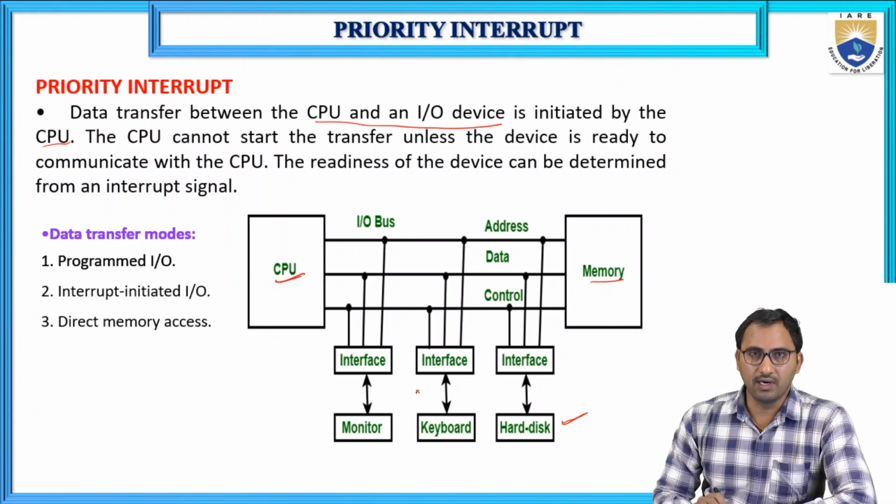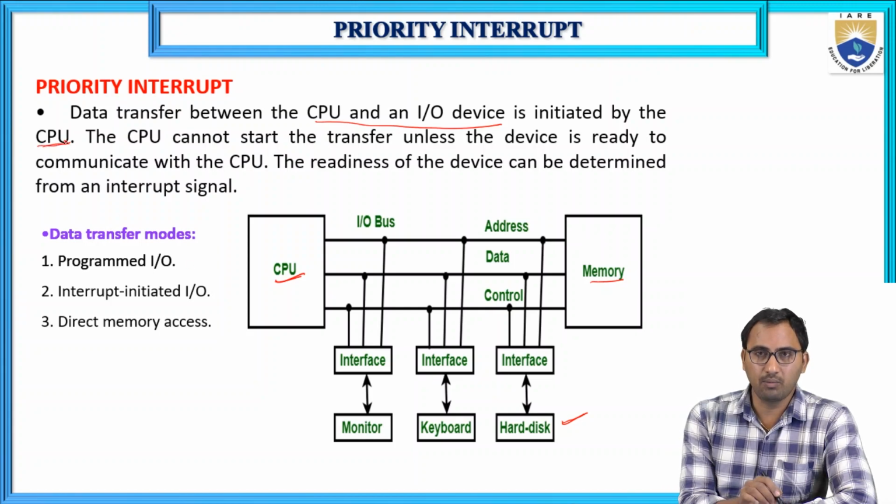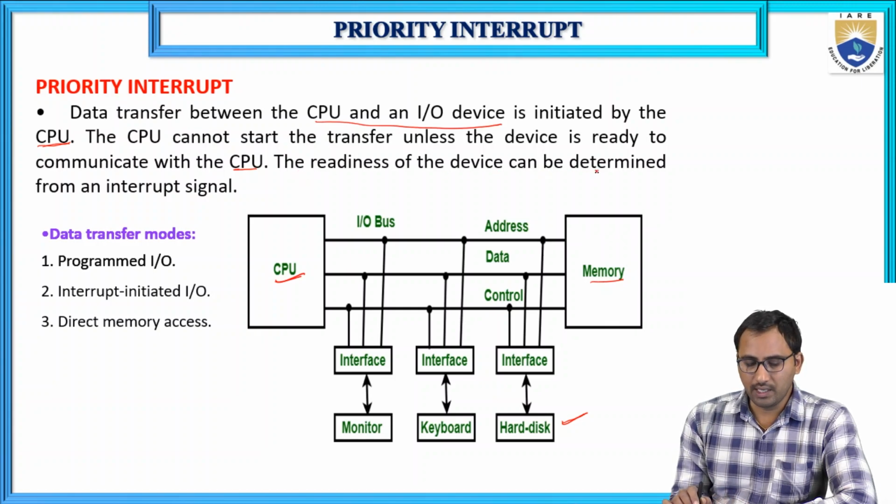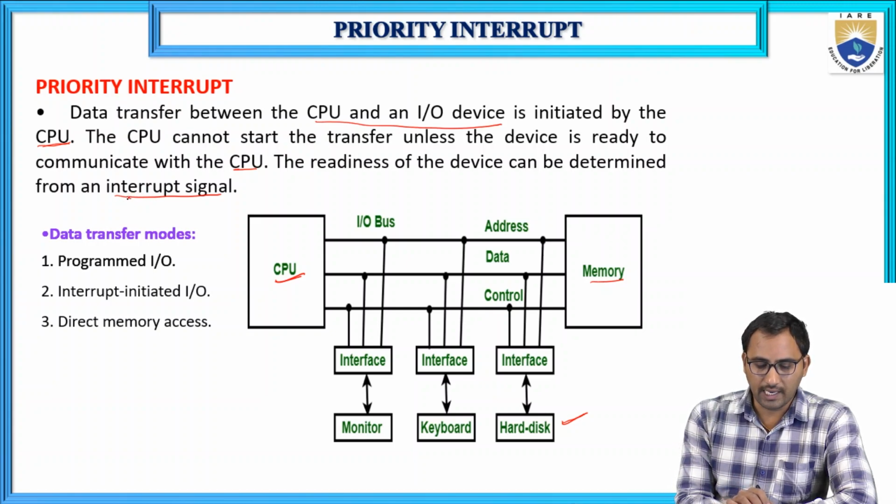This data transfer will be initiated by the CPU, the central processing unit, and the CPU cannot start the data transfer unless the I/O device is ready to communicate with the CPU. The readiness of the device can be determined with the help of the interrupt signal.